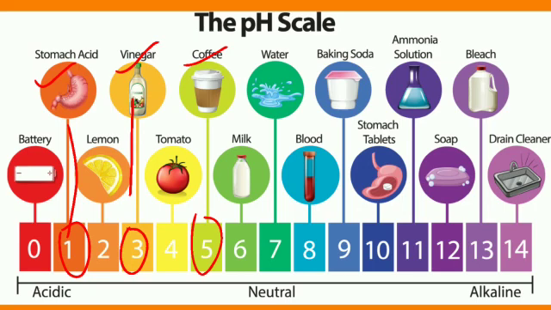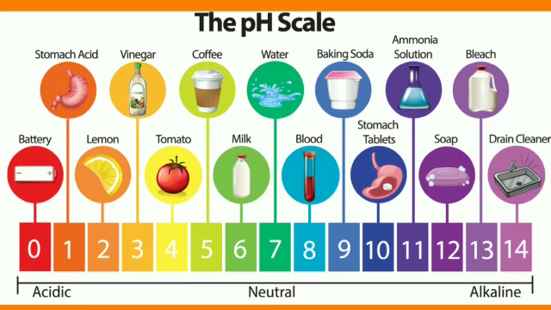So these show the acidity or basicity of different substances. If people feel an acidity burning sensation in the stomach, the doctor recommends some tablets, and these tablets have a pH of about 10. The pH of soap is 12.